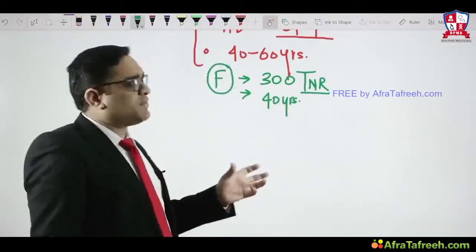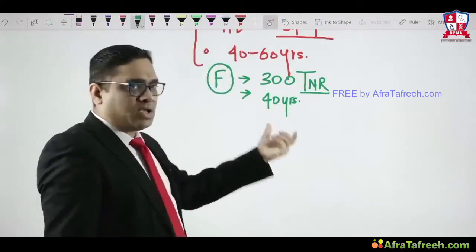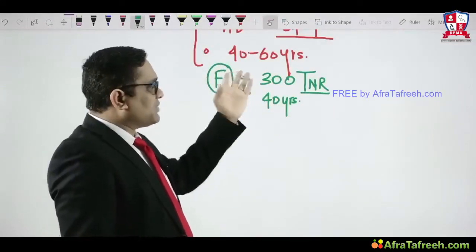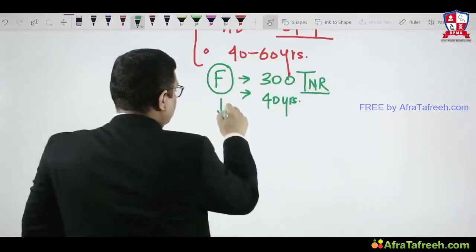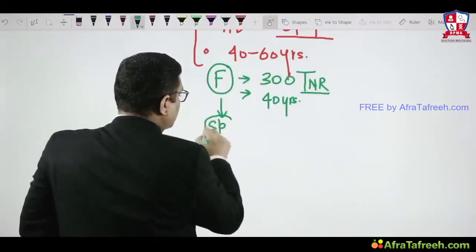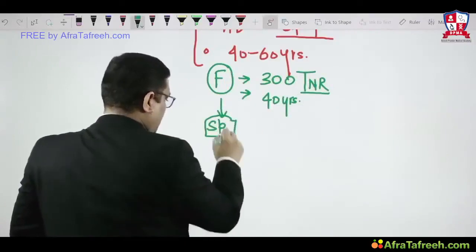So the father was diagnosed with Huntington's chorea at 40 years, having 300 trinucleotide repeats. During spermatogenesis, this trinucleotide repeat has increased.